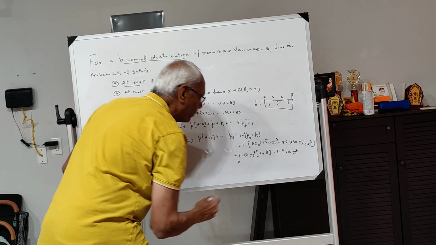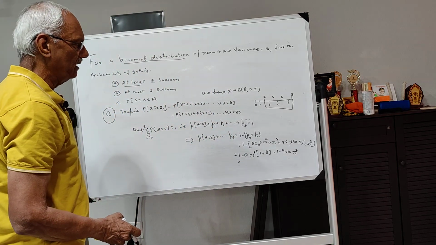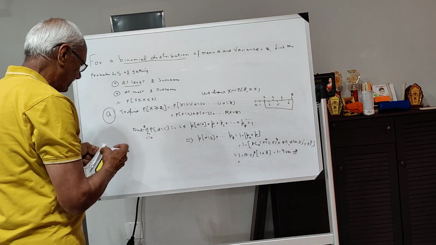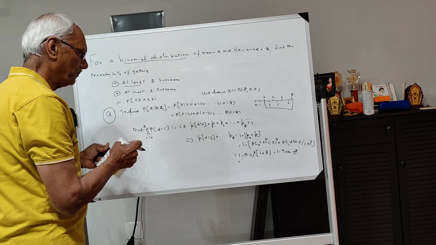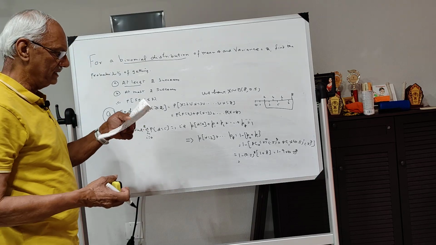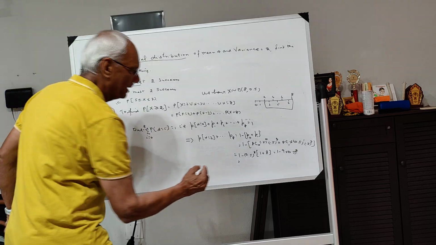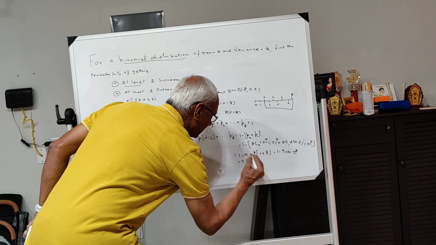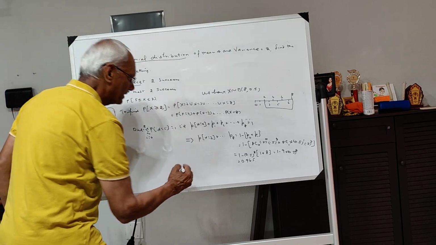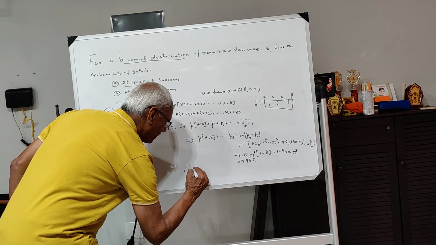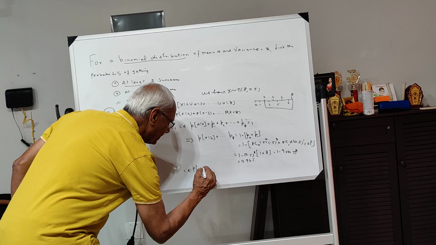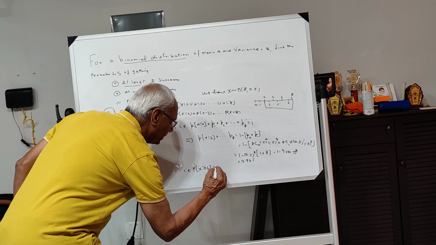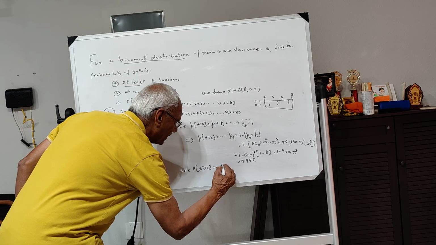If you do the simplification here, I will just give you the answer, you verify it: it is 0.961. So the probability of x greater than or equal to 2 is 0.961.